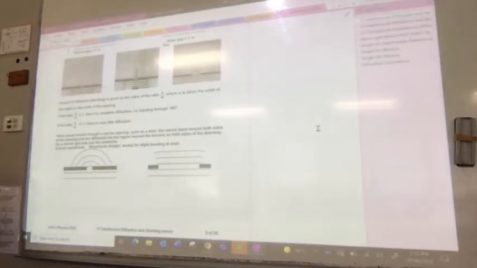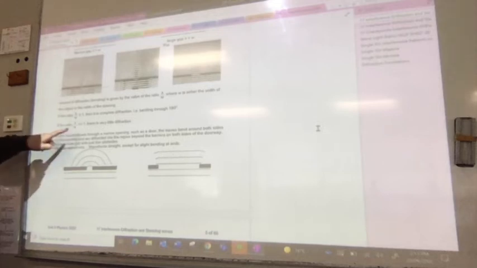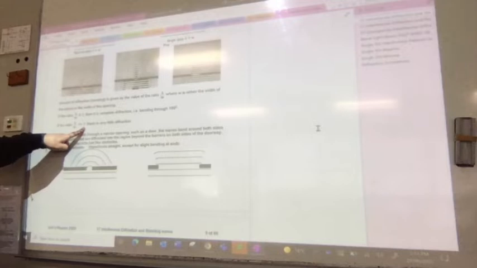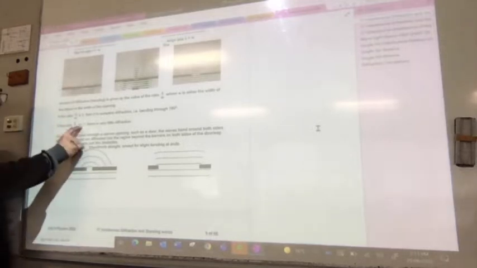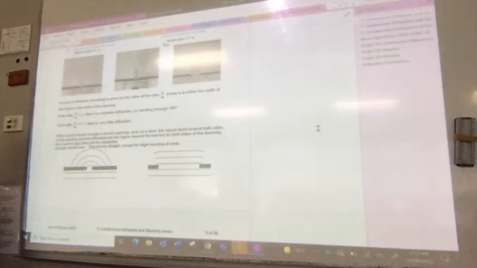It bends all the way around, wall to wall. Then they've got this version here: if the ratio is much less, that's what that means. How weird is that? Much less, like two little less than symbols. I've never seen it used like that anywhere other than here. If it's much less than 1, then there is very little diffraction.